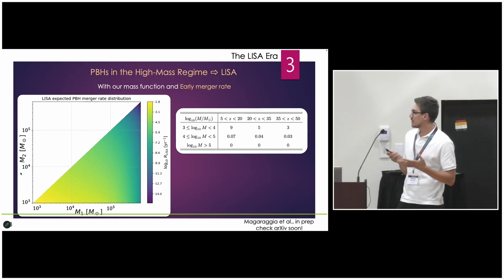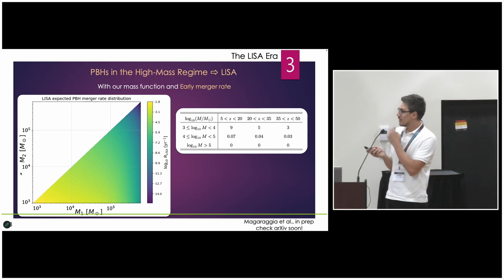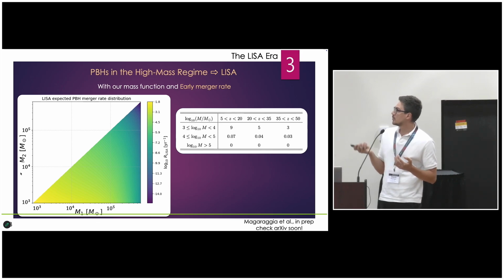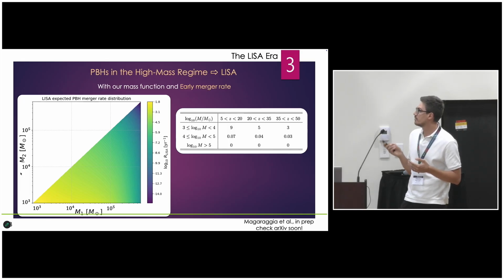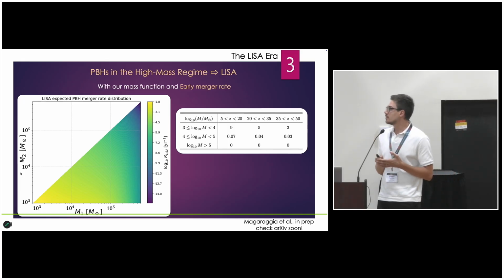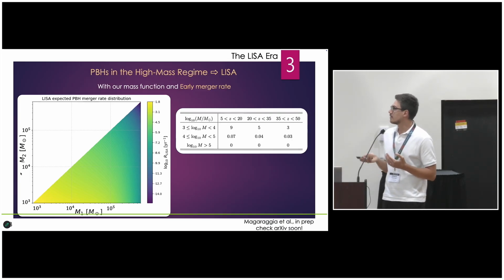As a summary of our results, we can see this table here. When the total mass of the binary is between 10 to the 3 and 10 to the 4 solar masses, we have a few events per year, almost regardless of redshift. So we can see, in principle, mergers at extremely high redshift, even redshift between 35 and 50, while when we increase the masses of the binaries, the rates drop.